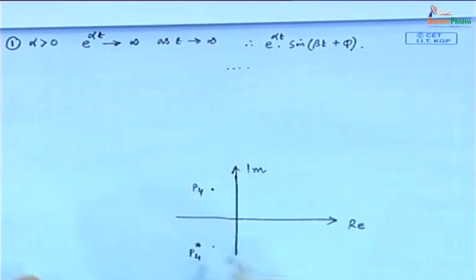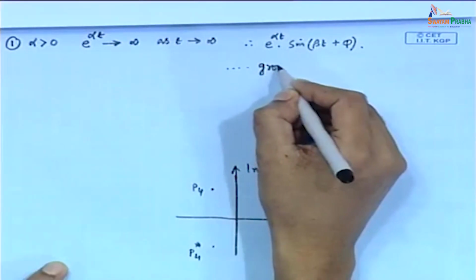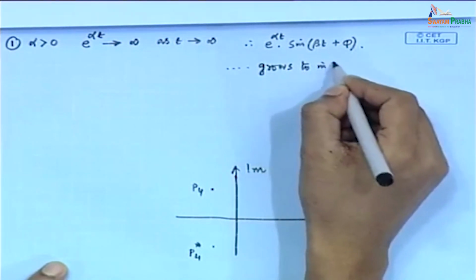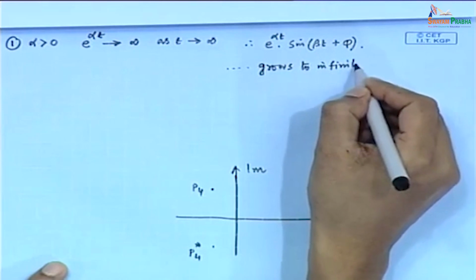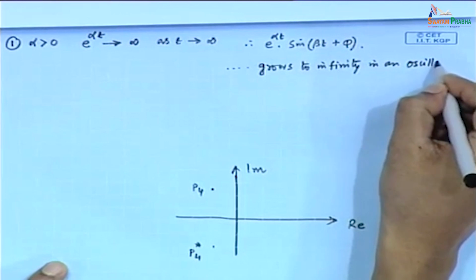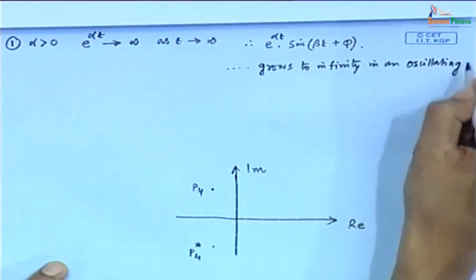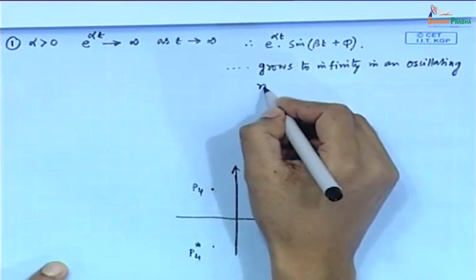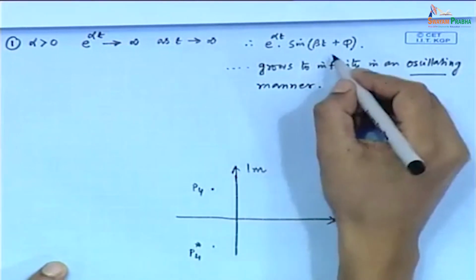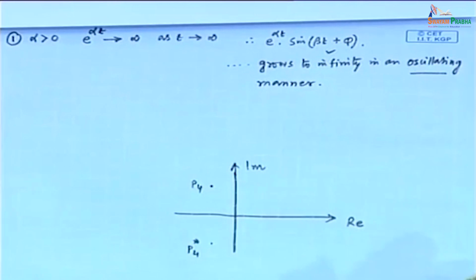It grows to infinity in an oscillating manner. Fine. It is going to infinity in an oscillating manner because of this sinusoidal function.